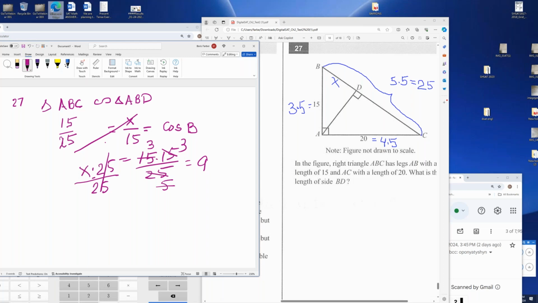Your assignment: go over this test again. Go over this test in detail, and go to the previous test. Use a timer, a stopwatch, and try to do it not in the amount of time they told you.